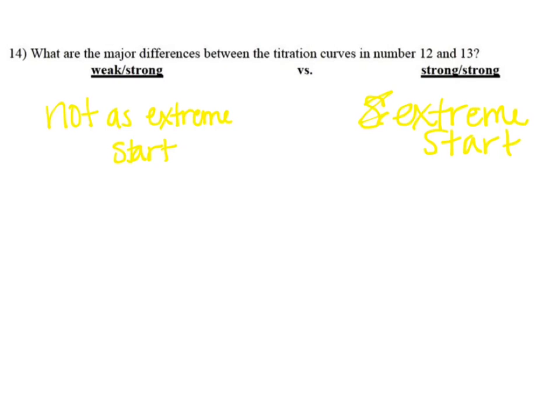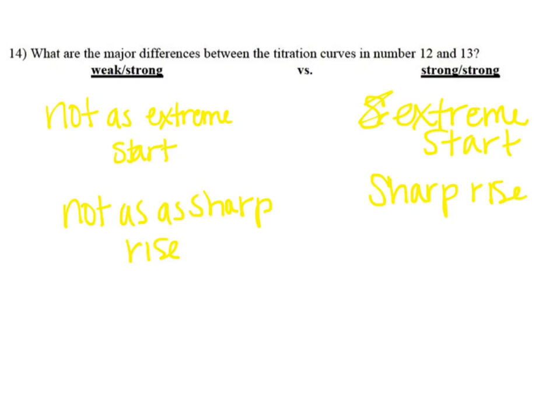I would say that we have a very sharp rise in our strong strong, and our weak strong is not as sharp a rise. And our rise also isn't as high as our strong strong.